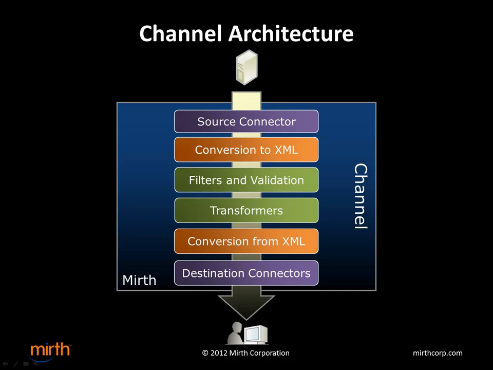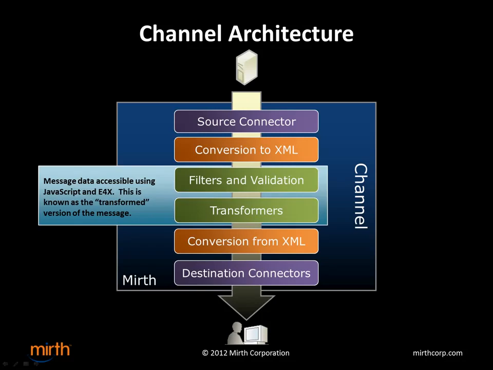So maybe you come in as HL7 version 2 and do a bunch of logic, and maybe you go out as HL7 version 2, maybe you change it to send out as HL7 version 3. So when you're in this filter and validation step, and also the transformers, all the message data is accessible using JavaScript and E4X, and this is because it's in XML. E4X is a JavaScript query language for XML, and so in the filter and transformers, you're working with the transformed version of the message.